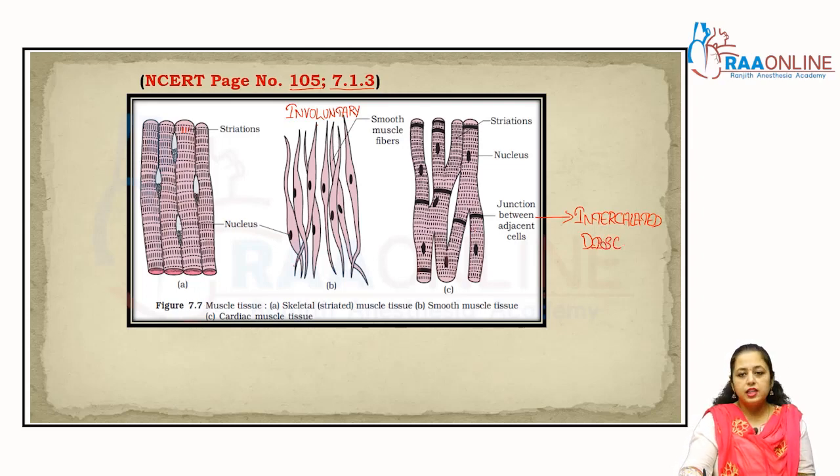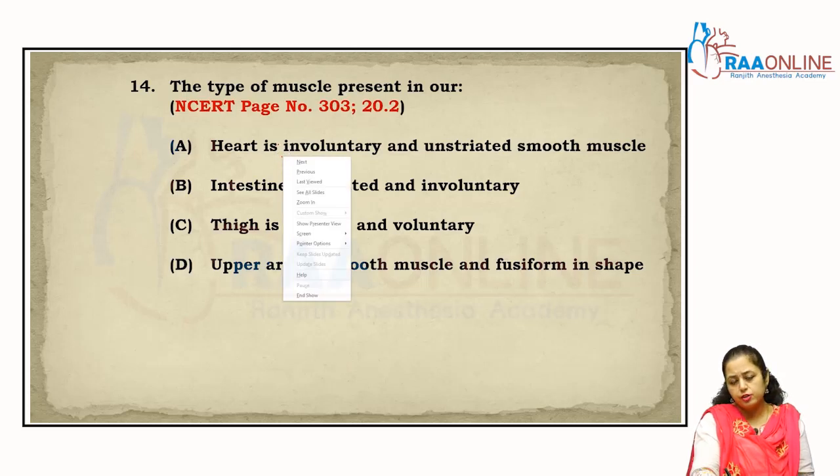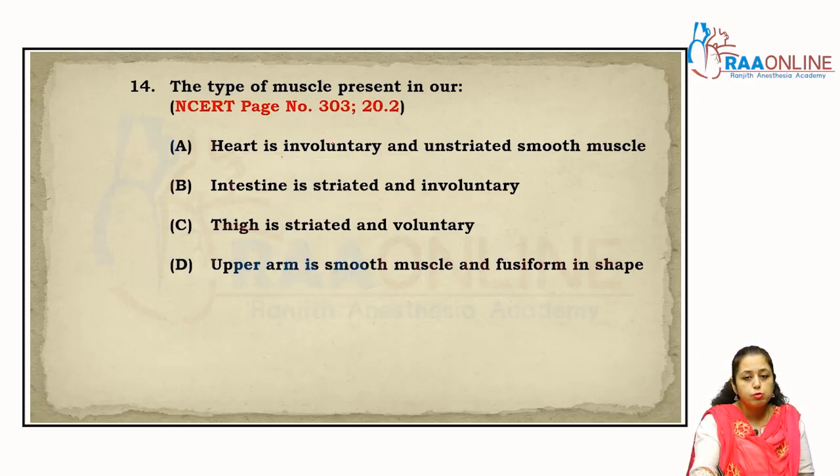Now, the type of muscle present in our heart is involuntary, right? But they are unstriated smooth muscle. No, they are involuntary but striated, cardiac muscles, right?